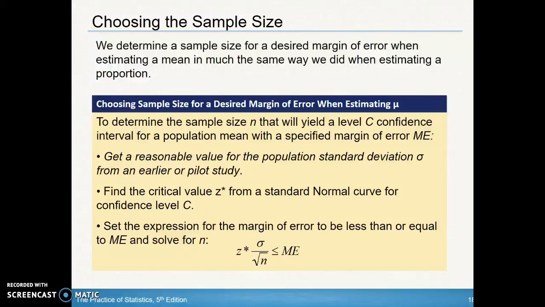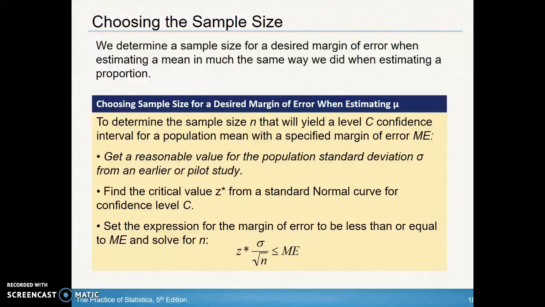All right, so now that you've got that, you have a population standard deviation. So now you find the z-star from the standard normal curve, just like we did before. So you go back to table A, and you use that to find your z-star.